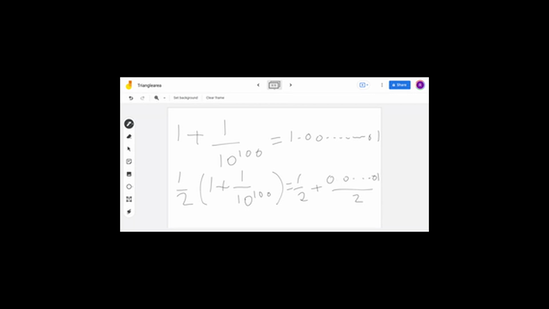Did you understand why it is very close to half? Yes, sir. Because you get half plus 0.00001 divided by 2, which is like 100 zeros and a 5. Understood, Naveen? Why this becomes very close to half?